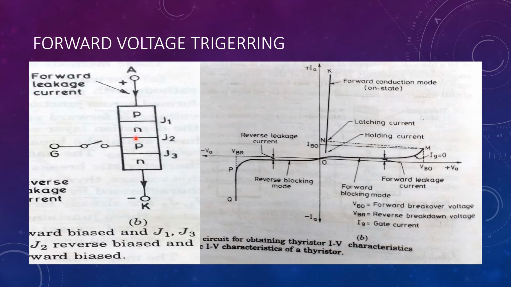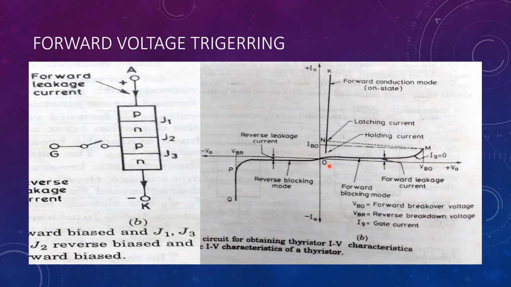Once the SCR is turned on, junction J2 loses its reverse blocking capability. Even if the voltage is brought below VBO, the SCR will not turn off. The SCR will turn off only when the anode to cathode current is brought below holding current.